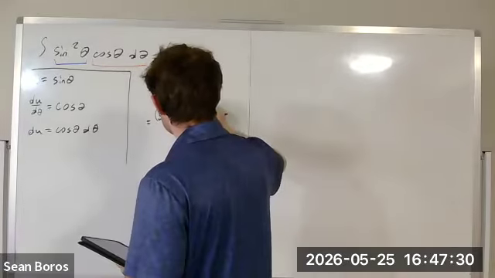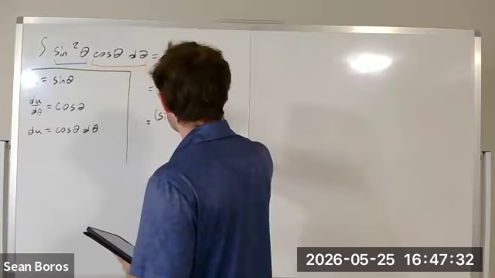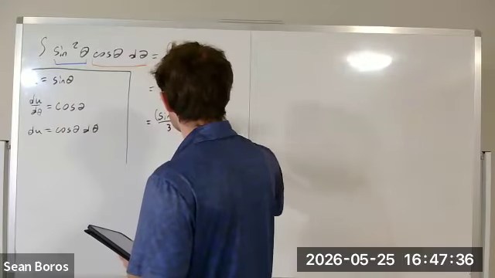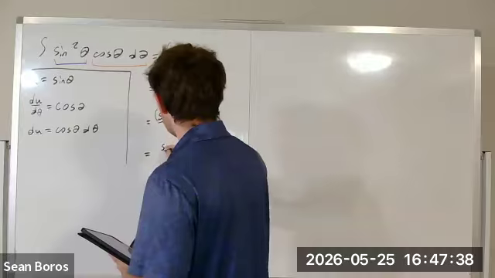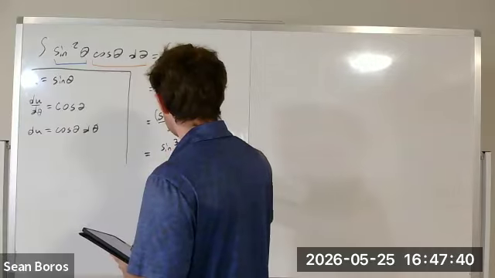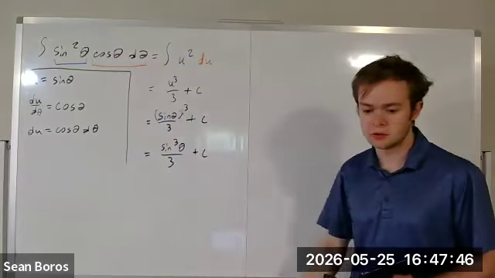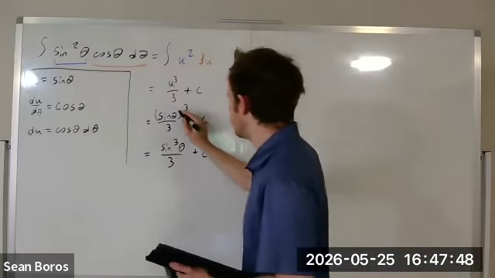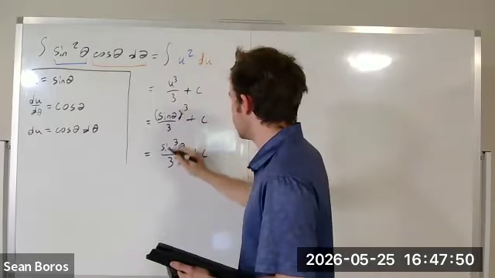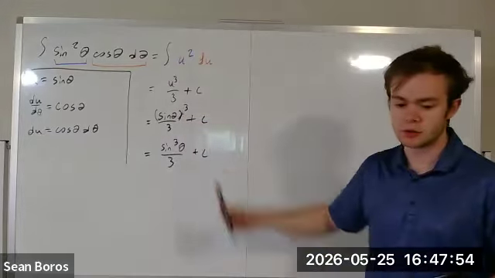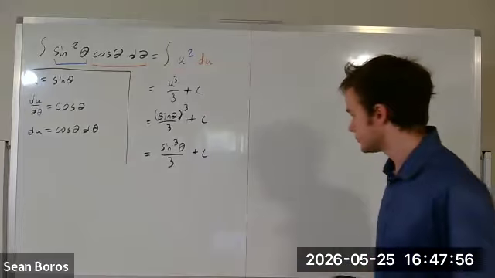Let me rewrite this. Sine theta cubed over 3 plus c, which is the same thing as sine cubed theta over 3 plus c, right? So both of these mean the same thing. It's just that some people write it a bit differently. This is how it's most commonly written, but you could alternatively write it the first way. It means the same thing.